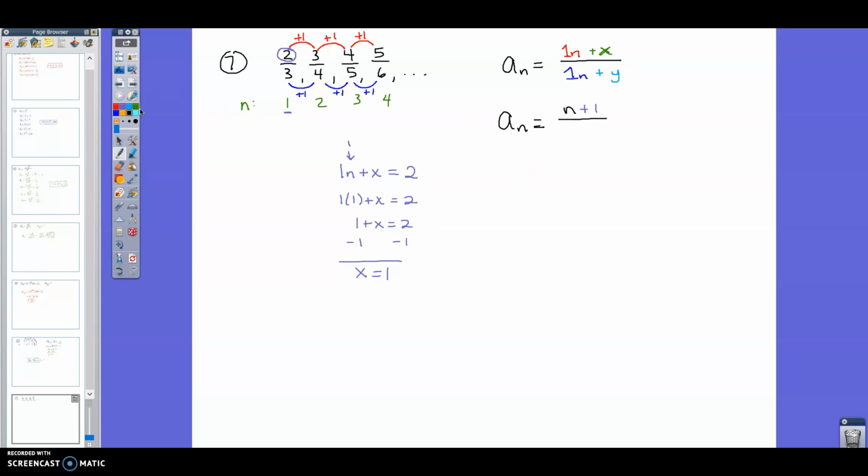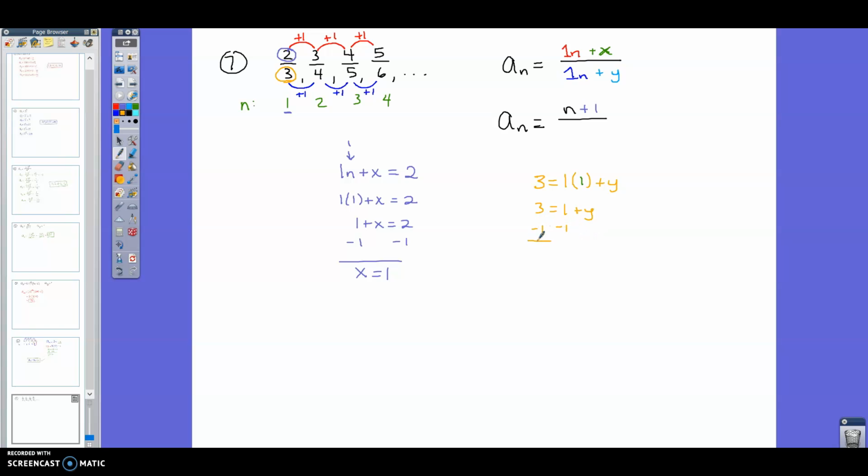We're going to do the same thing for the denominator. We'll put this in orange. We're going to look at just the denominator now, at this 3. So we know 3 is equal to 1n plus y, and 1 times 1 is 1 plus y.